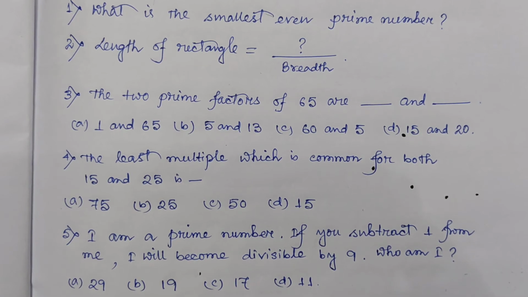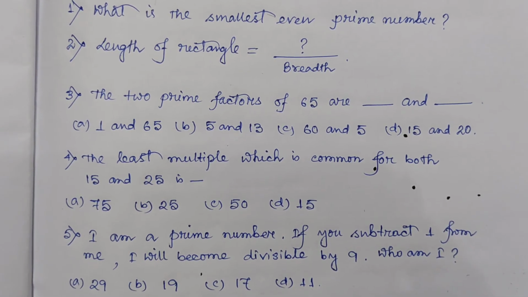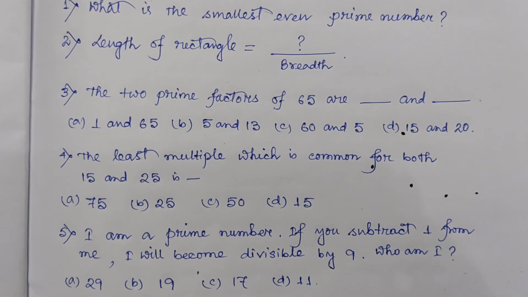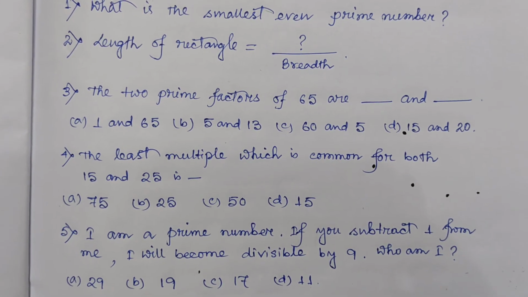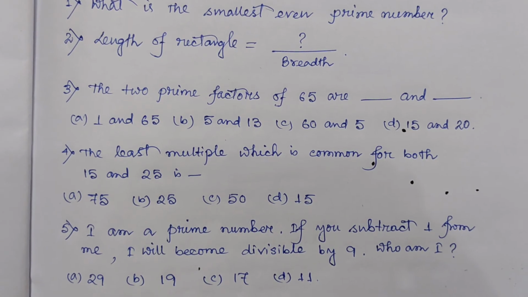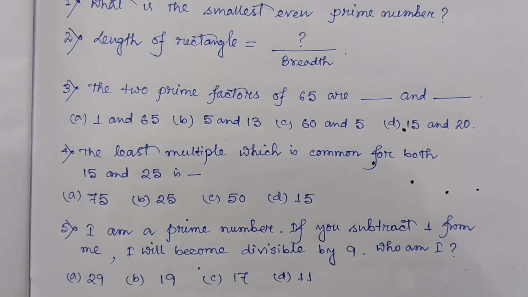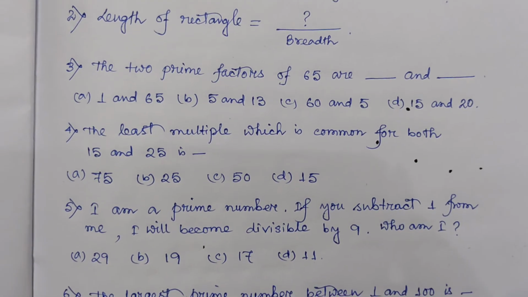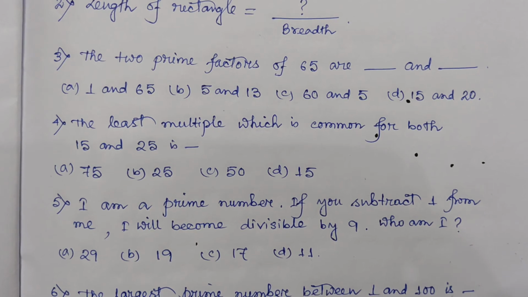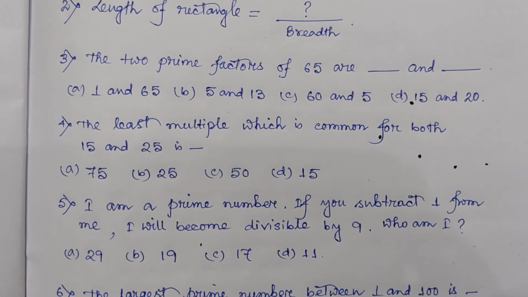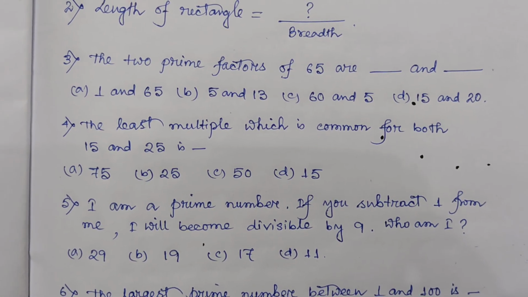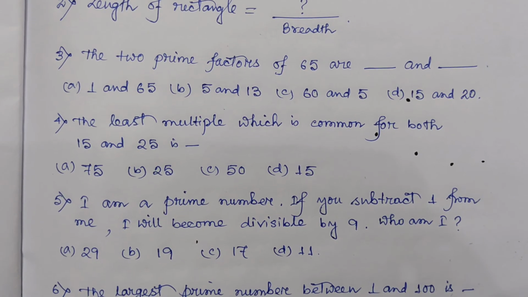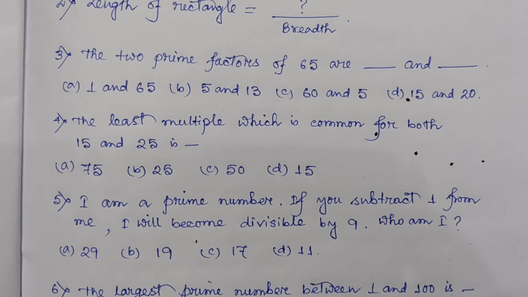Number 4. The least multiple which is common for both 15 and 25 is A, 75; B, 25; C, 50; D, 15. Number 5. I am a prime number. If you subtract 1 from me, I will become divisible by 9.